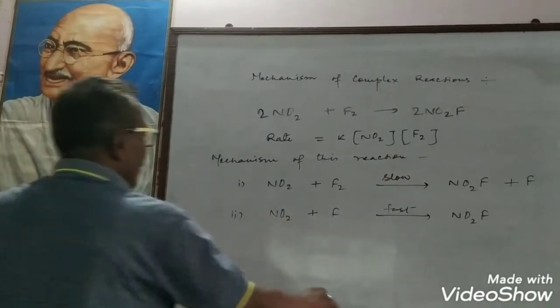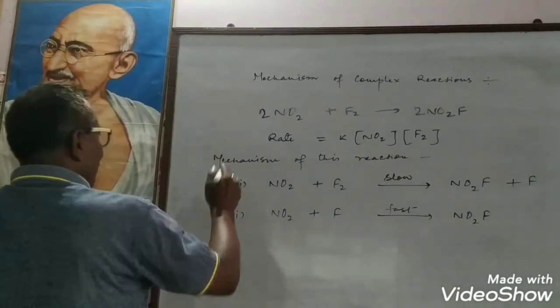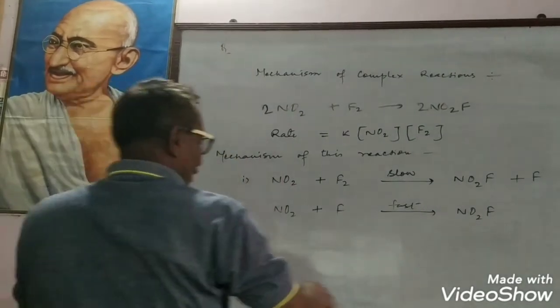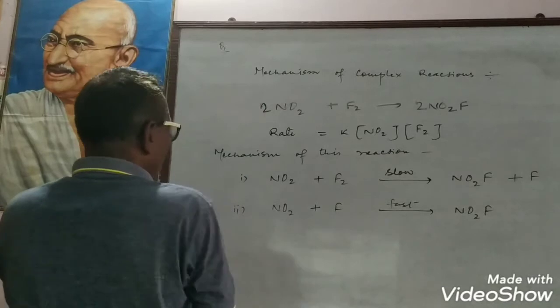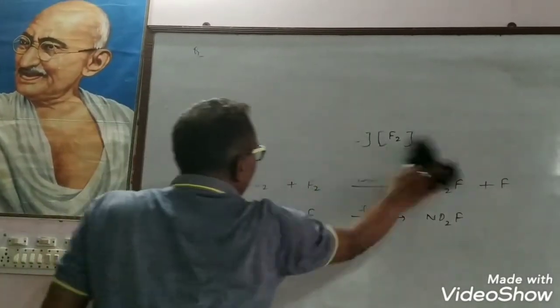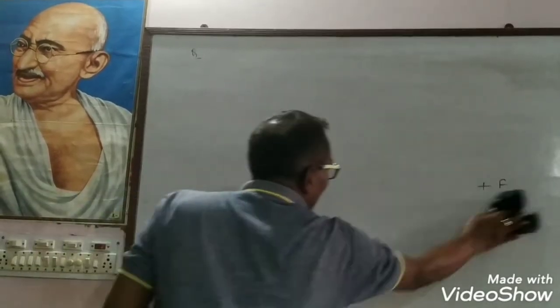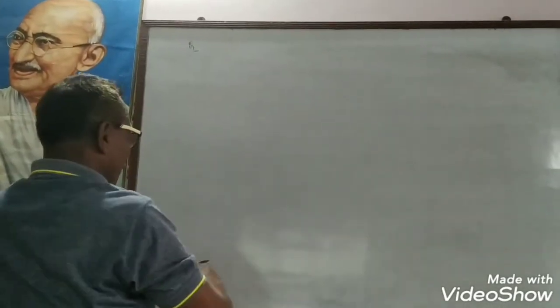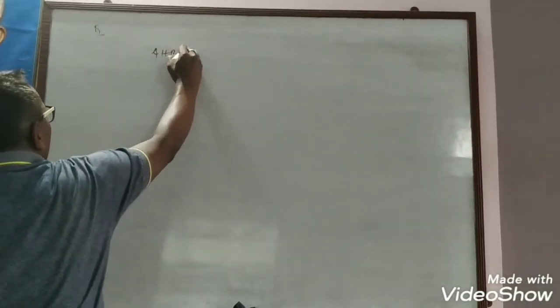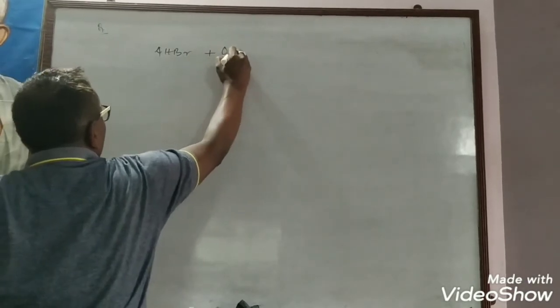Okay. Now another question is very important question. Perhaps this may be the NCERT question. The question is, for the given reaction, reaction is 4HBr plus O2.